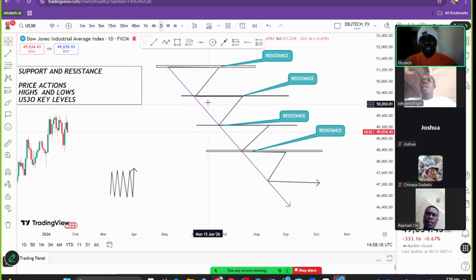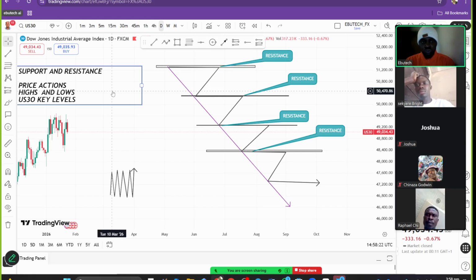So what else do you want to do once you see something like this in the chart? What you are looking at is where you are going to be selling this market. What should come to your mind is, where am I going to sell this market?